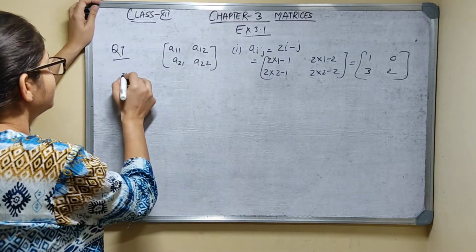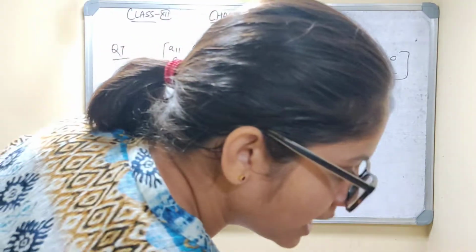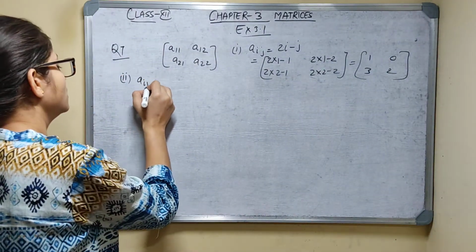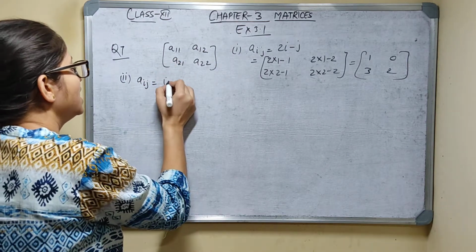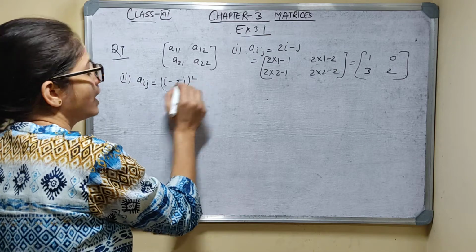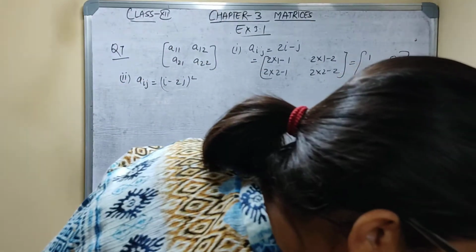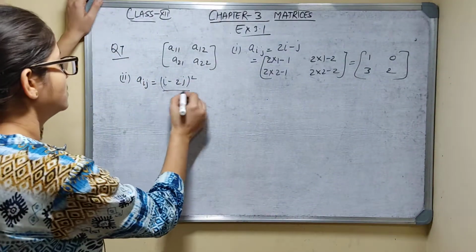Now second part. Aij is equal to (i minus 2j) whole square upon 2.